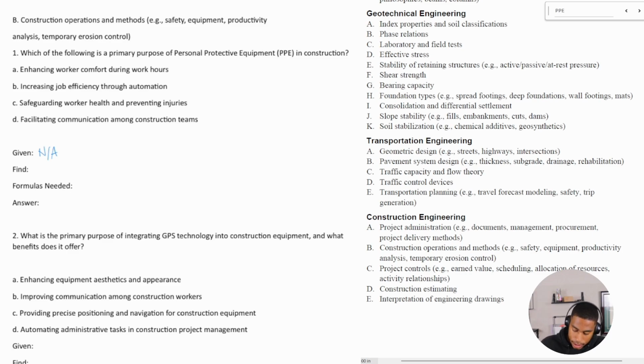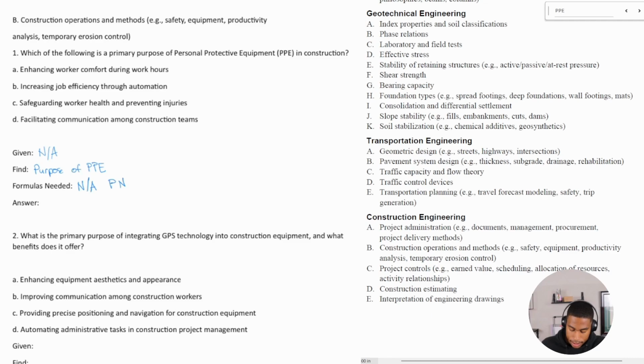Well, we're trying to find the purpose of PPE, or personal protective equipment. Okay. Any formulas needed? No. Just prior knowledge, right?